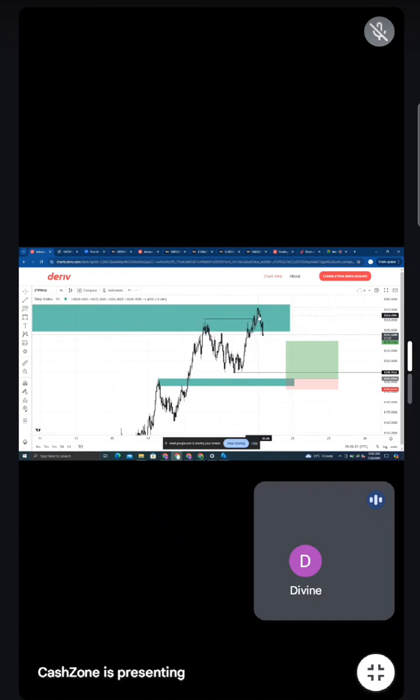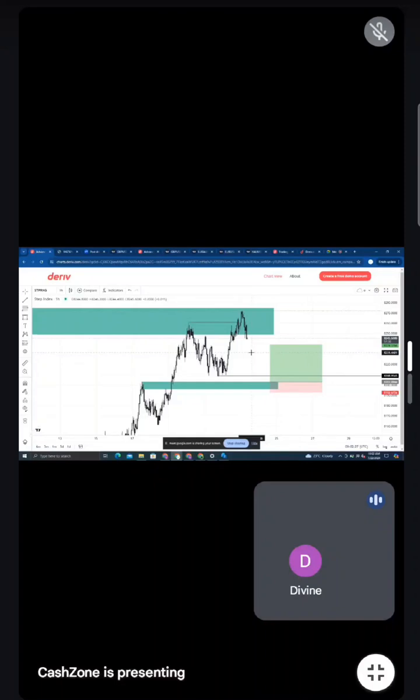So I see that price is about to continue buying. I'm expecting price to take out this point, tap into this other block that is close to it, then buy up 1:3 RR. That's what I'm expecting on it.